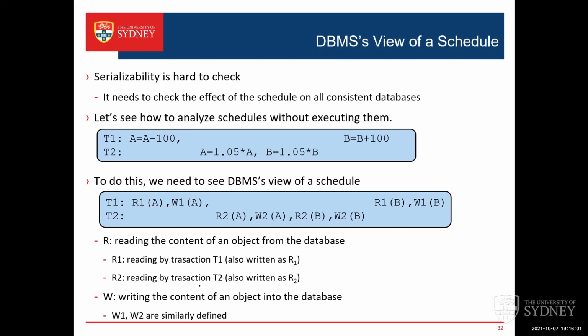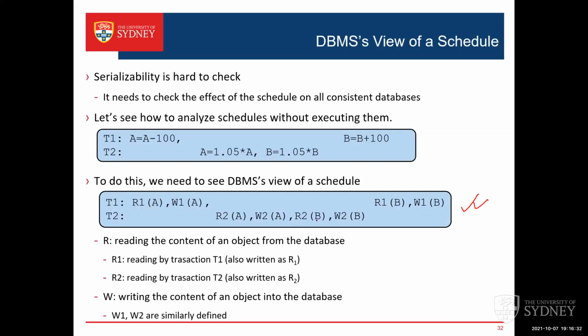So this is what the notation means. R means reading, W means writing, R1 means we are referring to transaction 1, R2 means reading from transaction 2, W1 and W2 mean writing from transaction 1 and transaction 2 respectively. The DBMS does not bother about plus, multiplication, minus; it only sees reading and writing.